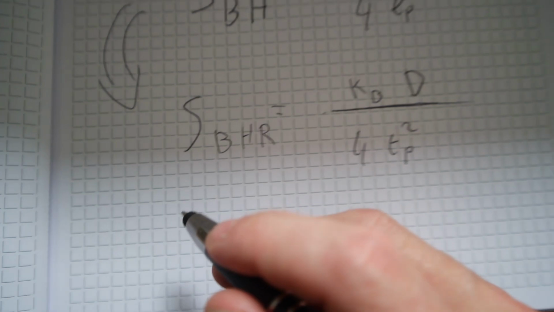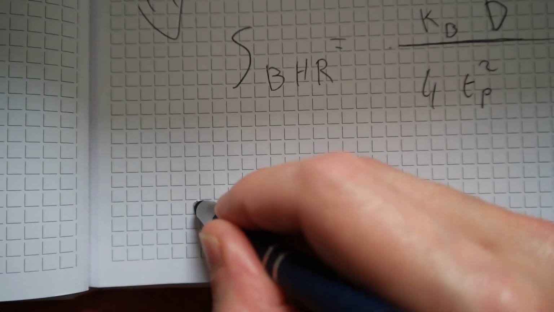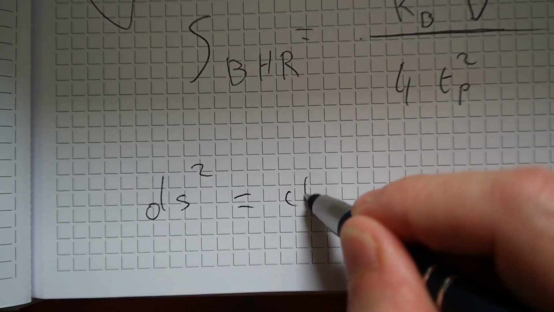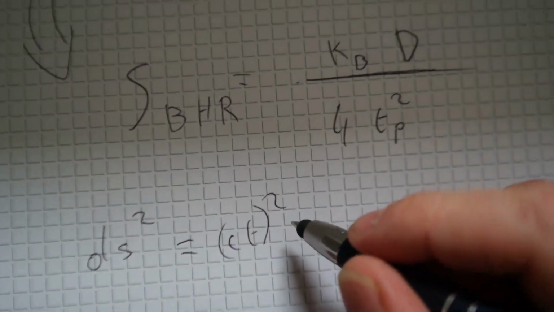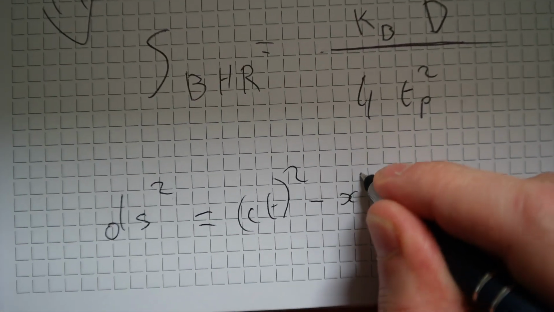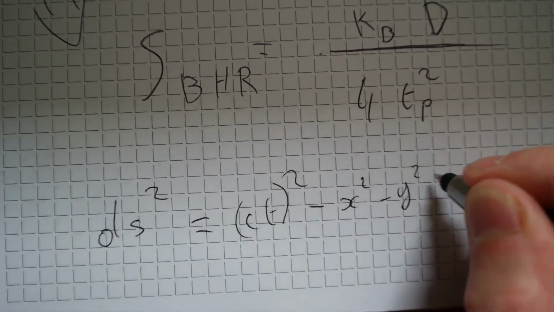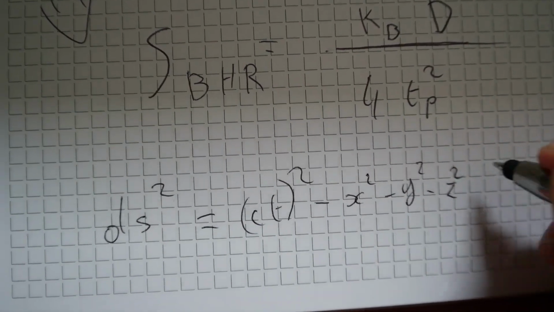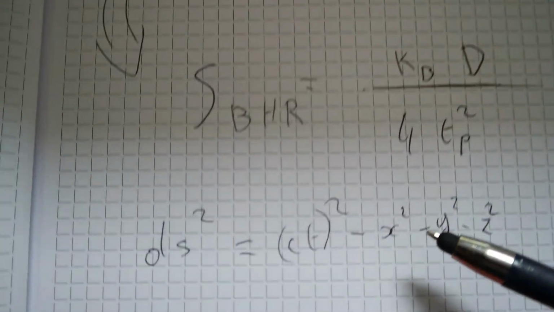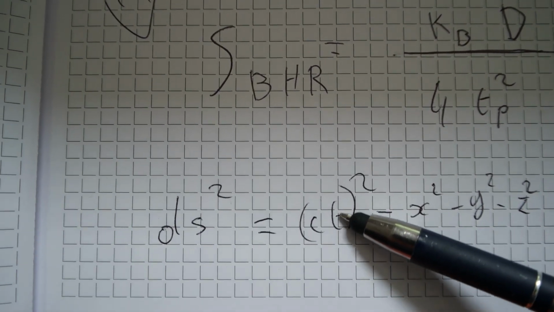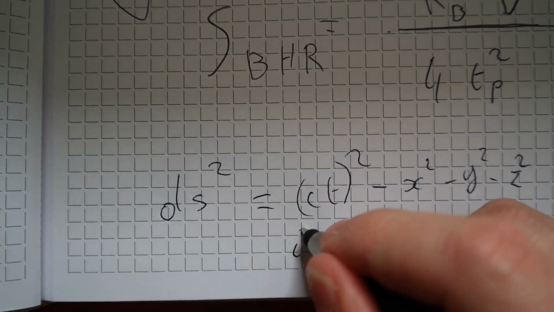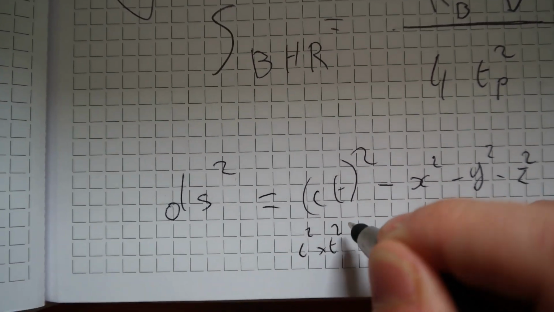And when we have the Lorentz transformation, we know that ds squared equals c squared t squared minus x squared, y squared, z squared. And so we have space squared, which is equivalent to that, and here this is c squared time t squared.